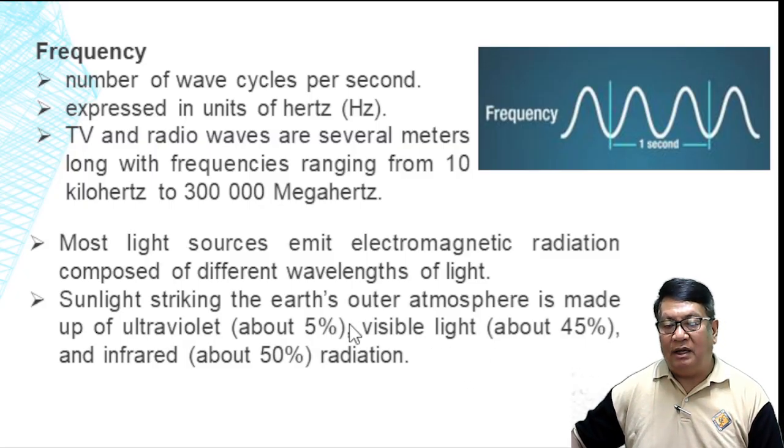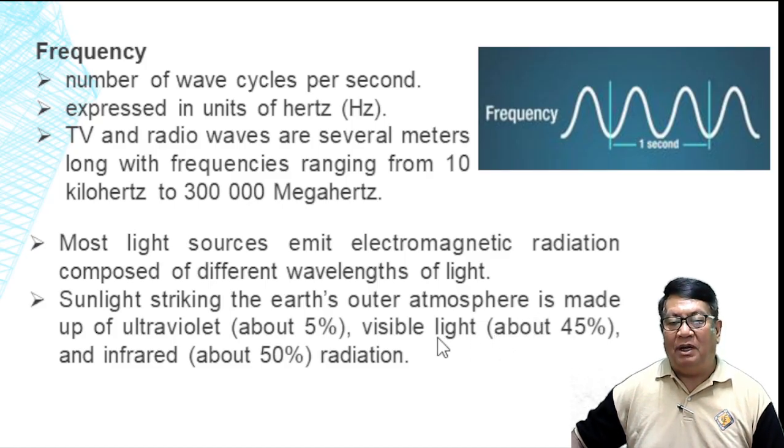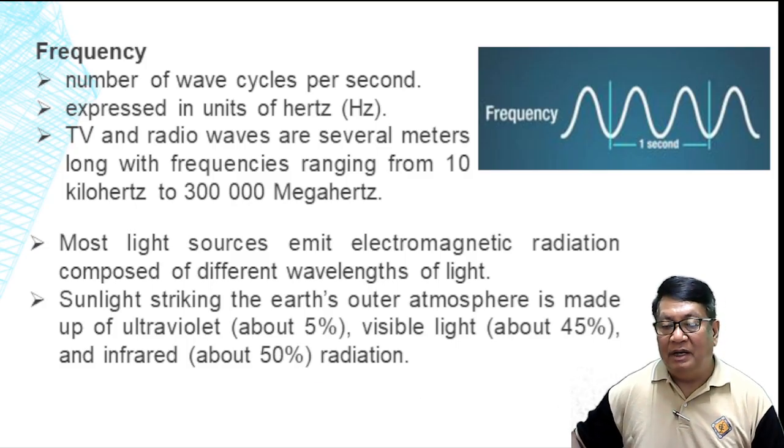So sunlight striking the Earth's outer atmosphere is made up of ultraviolet about 5%, visible light about 45%, and infrared about 50% radiation.